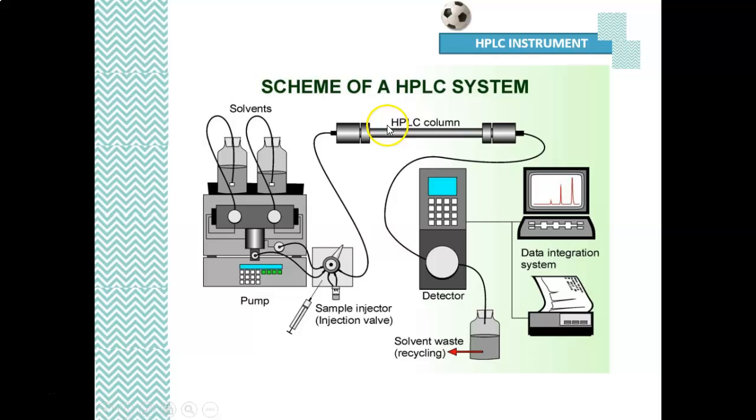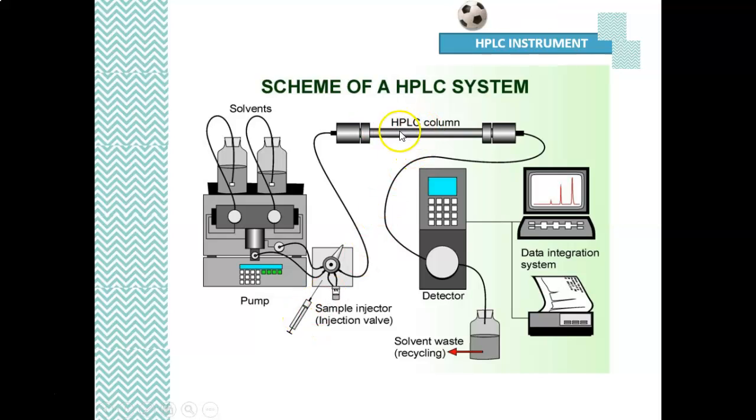This is the scheme of an HPLC system. This is called the solvent reservoir. This one is the pump, and you will inject the sample into the sample injector system by using a micro syringe here.